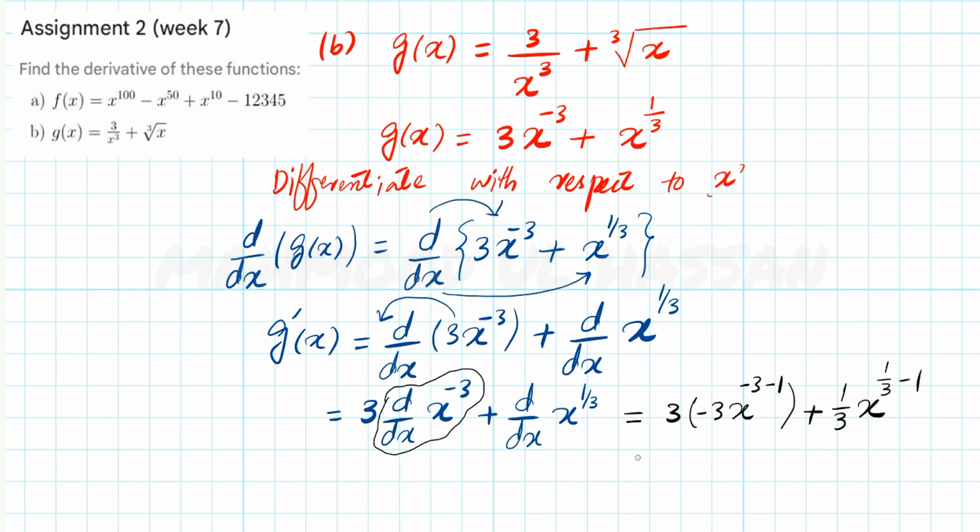Okay, so now you can see here we will multiply this inside, so that would become 3 times negative 3 is going to be negative 9, and x to the power negative 4, and then plus 1 upon 3 x to the power 1 upon 3 minus 1 is going to be negative 2 upon 3. Now we have to simplify this.